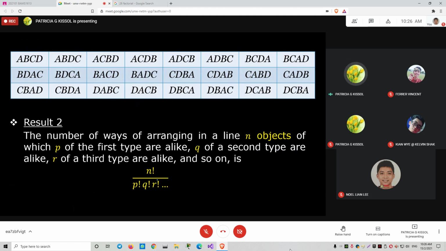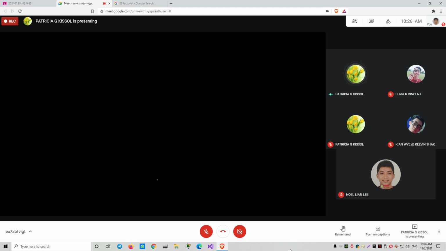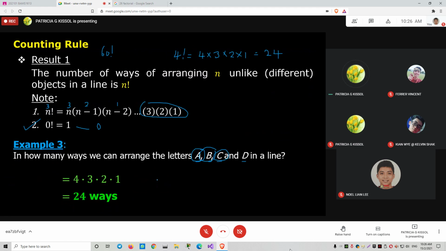Now, in the first result that we did, let me get back, this is under the assumption that each of the objects are different, like the alphabets in this example here.